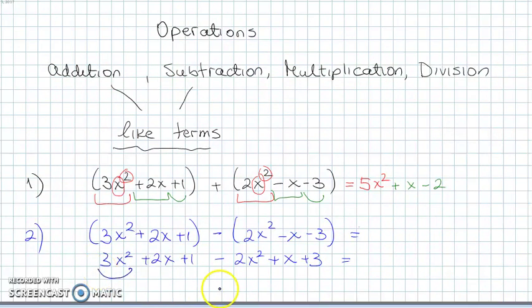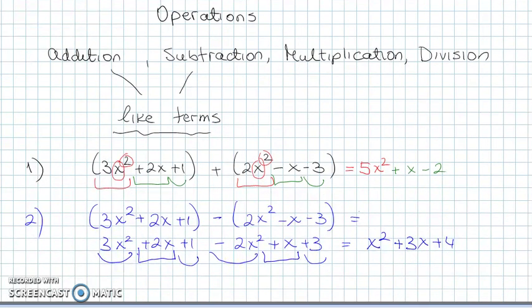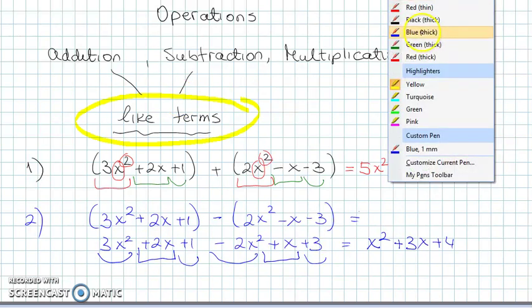So 3x squared, negative 2x squared, that's x squared, plus 2x and plus x, that's 3x, plus 1 plus 3 is plus 4. So in working with addition and subtraction, remember to look for like terms and to combine them.